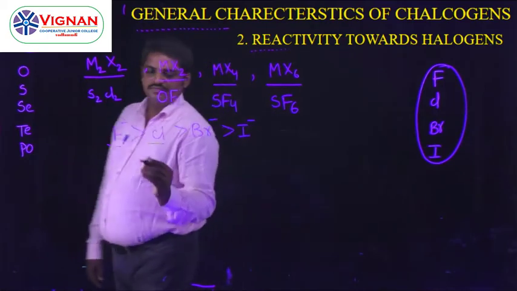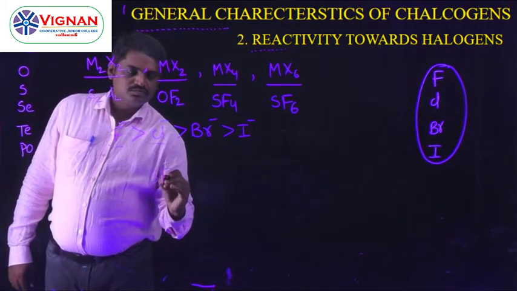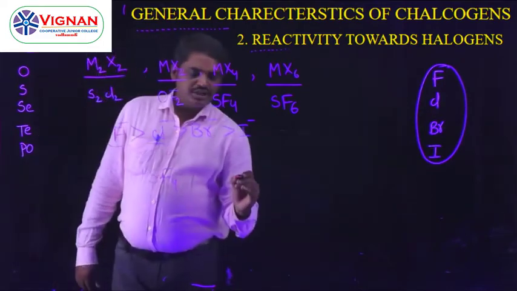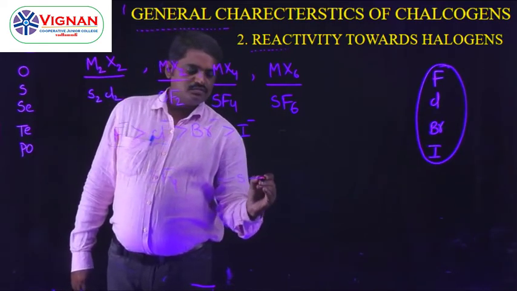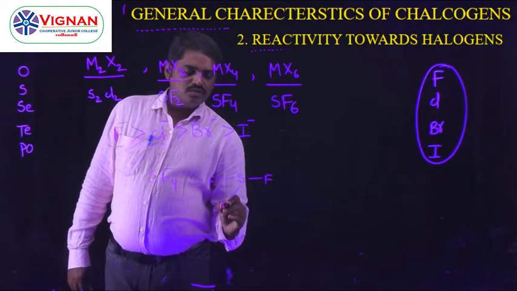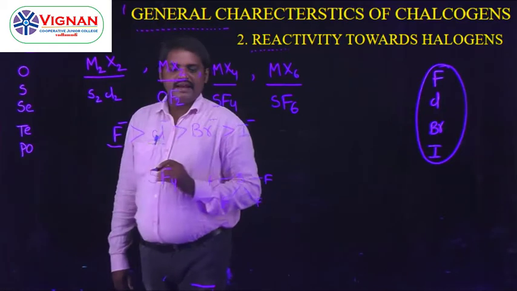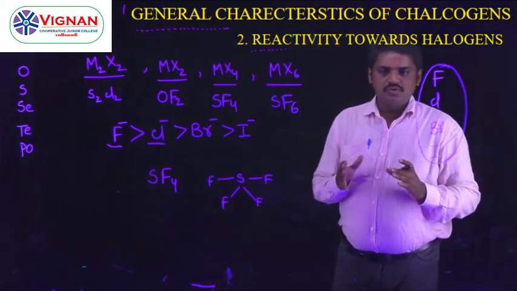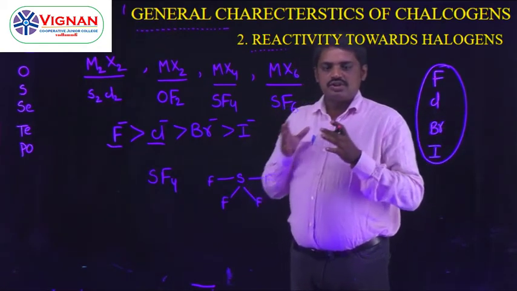First one, SF4. The structure is observed: sulfur binds with four fluorine bonds, and sulfur has 6 valency electrons, as this atom belongs to the 16th group.